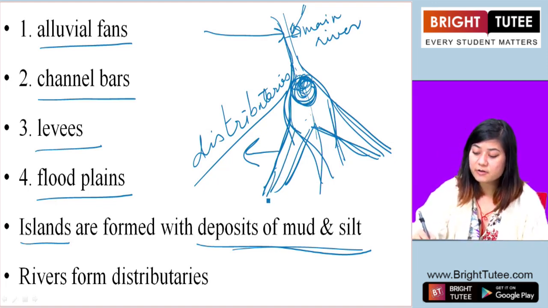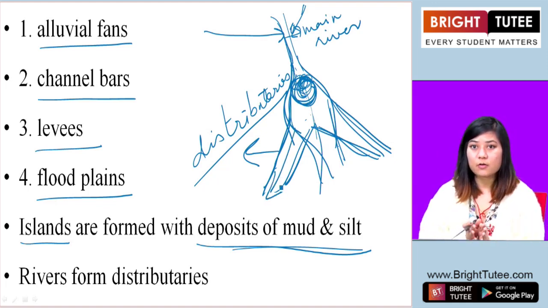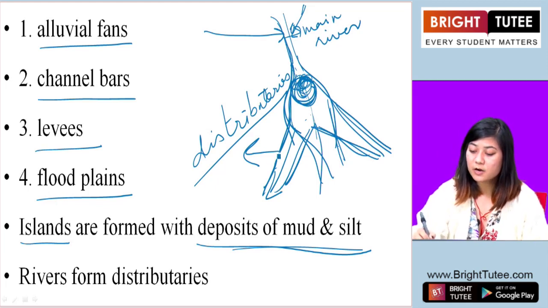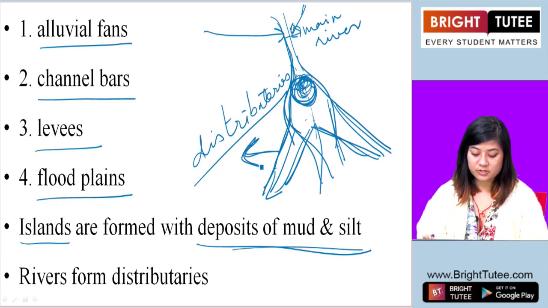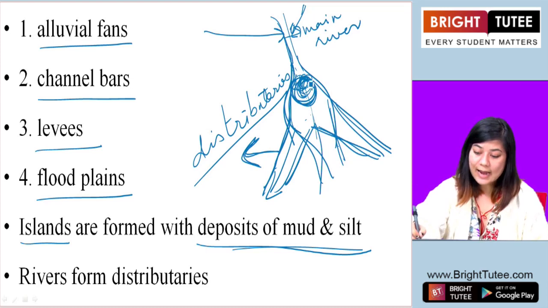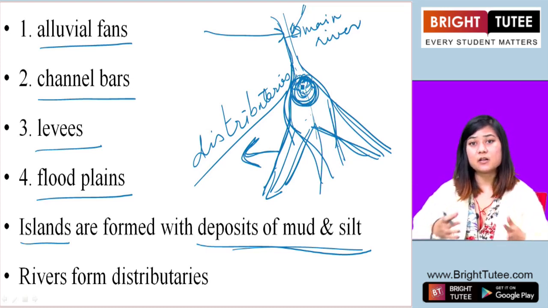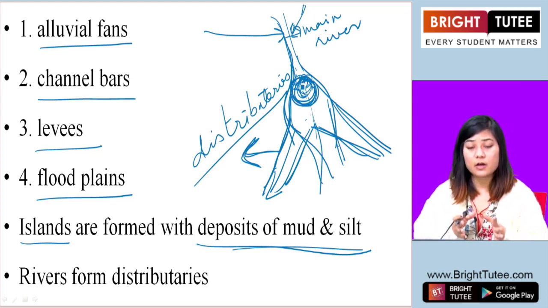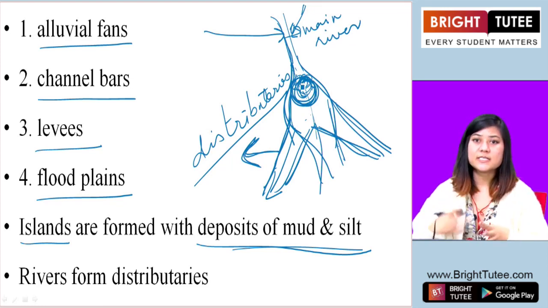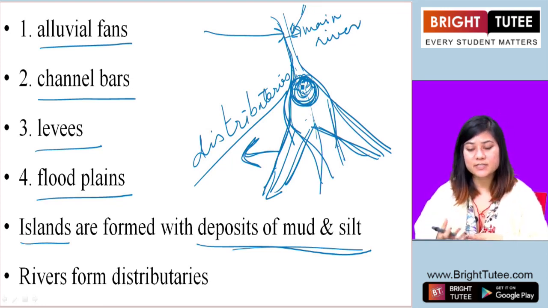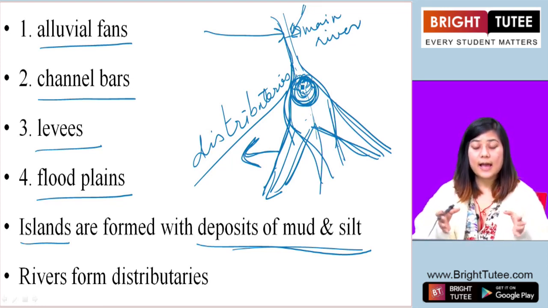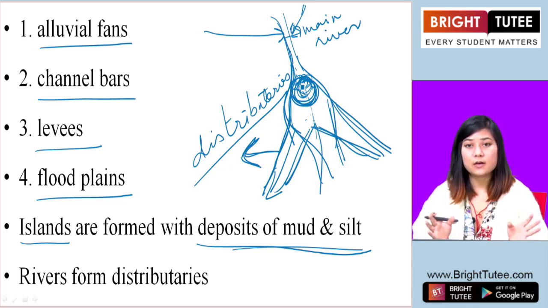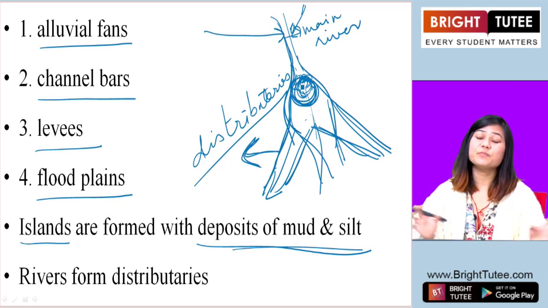The rivers which do not join but go away from the main river are called distributaries. So the islands are formed as a result of the main river depositing silt and mud over time and the river distributing into two or many distributaries.